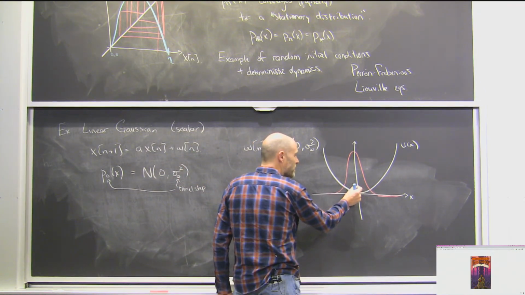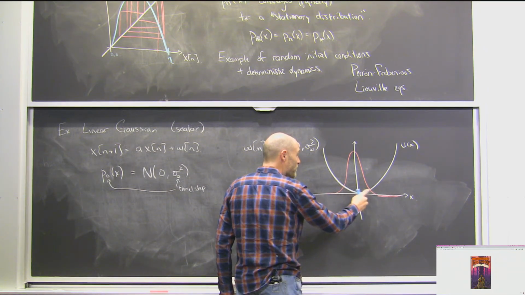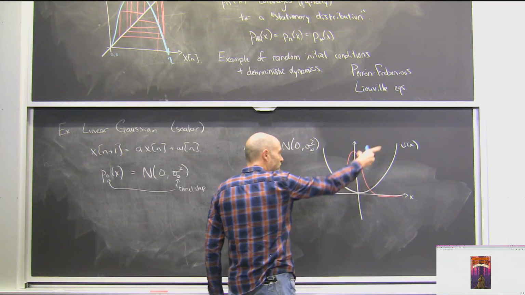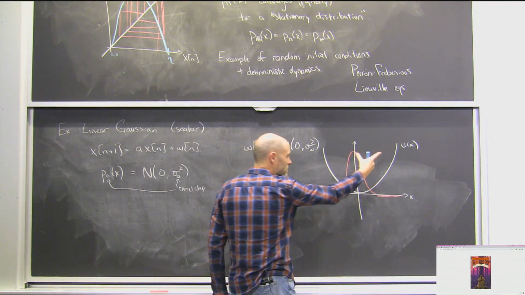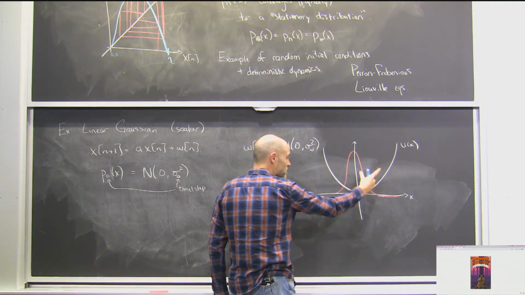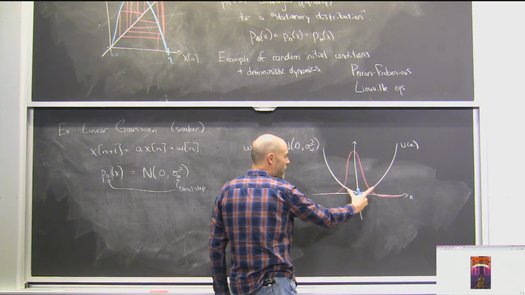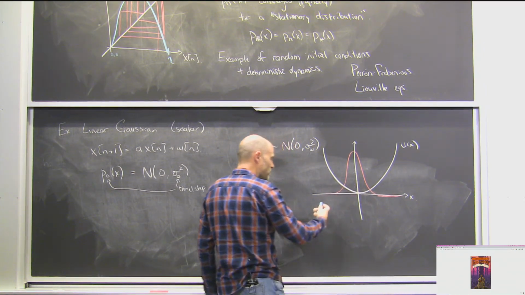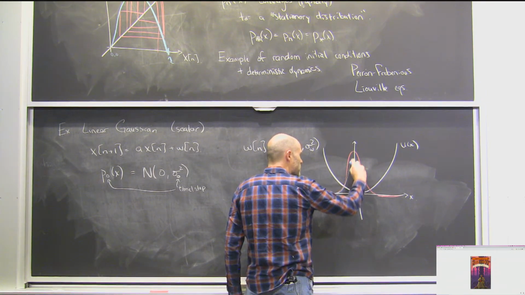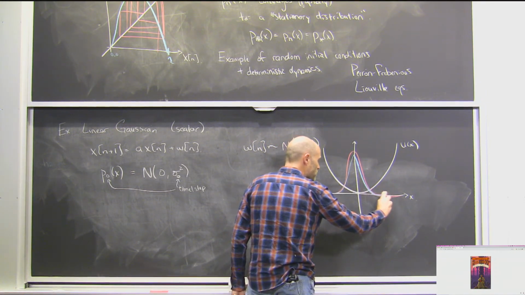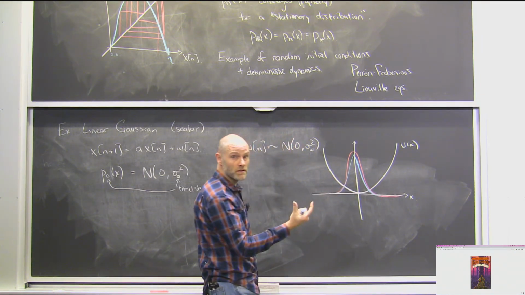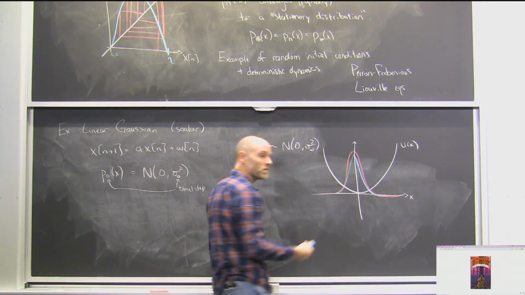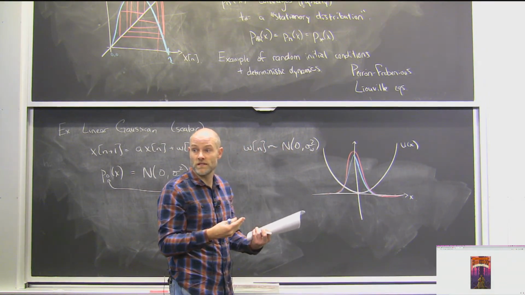I've got noise that's trying to keep me away from the origin. It's pushing me around, adding random stuff to it. And then I've got stability coming from the linear system, potentially, if A is between 0 and 1, pulling me in. What we'll see clearly is that there's some tension between those two, but they come into perfect harmony, where the stability pushing me in and the noise pushing me out exactly balance, and this lends itself to the stationary distribution.